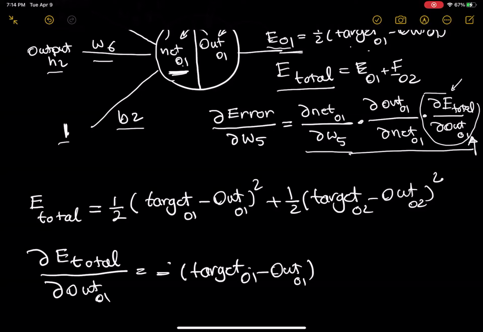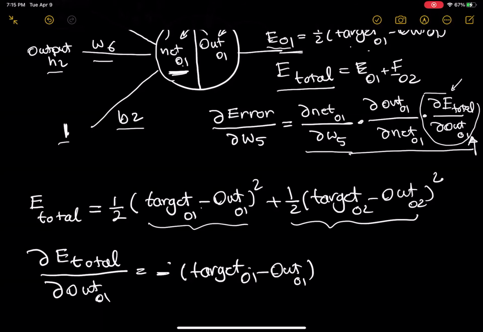Because my variable is out O1, so the other term becomes 0. The 2 goes there, 2 divided by 2 becomes 1, and I have 1 minus out O1, which makes that negative here, and the entire statement is target O1 minus out O1. This is just a typical derivative. If that confuses you, you can just put out O1 as X, and then try that derivative.